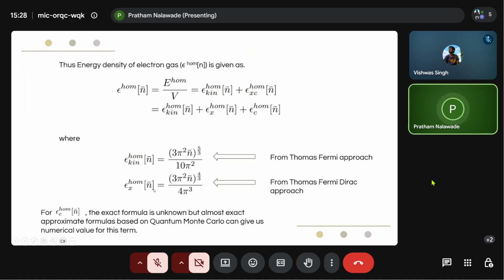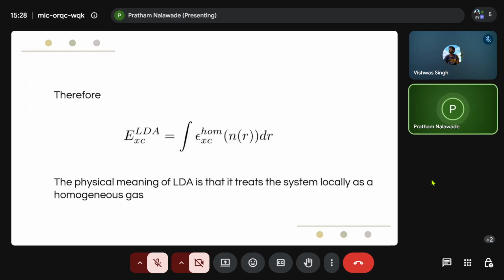But for the exchange part, you assume that locally the density is homogeneous, and then at each point you can calculate this exchange correlation energy. So this is the exchange correlation you get from LDA.